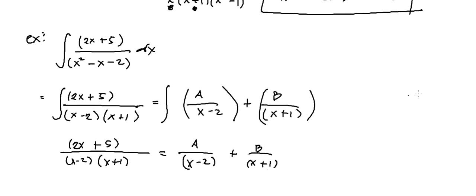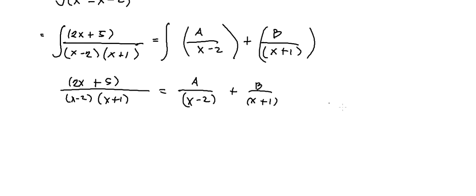How can we determine the values of our A and B? We need to multiply this whole equation by the LCD, which is (x minus 2) multiplied by (x plus 1).